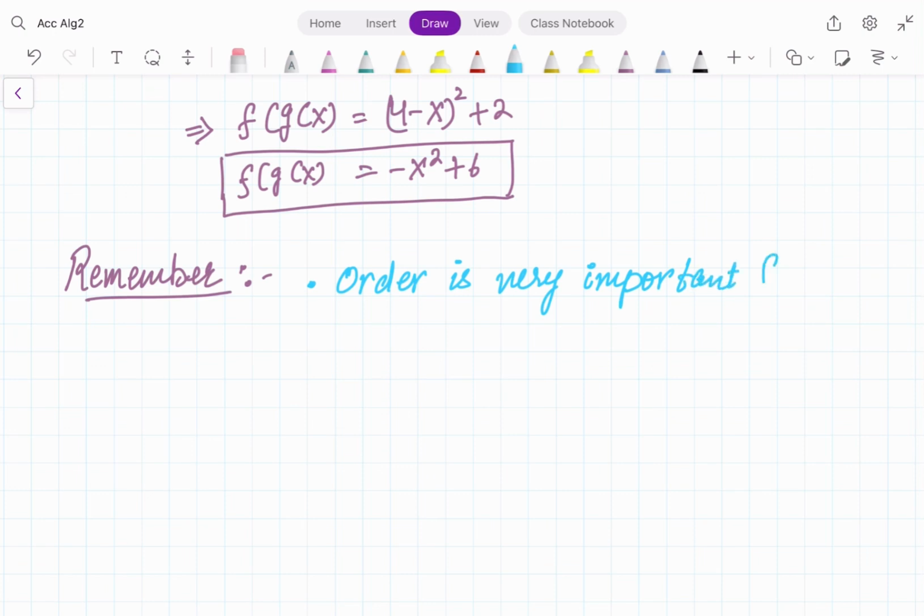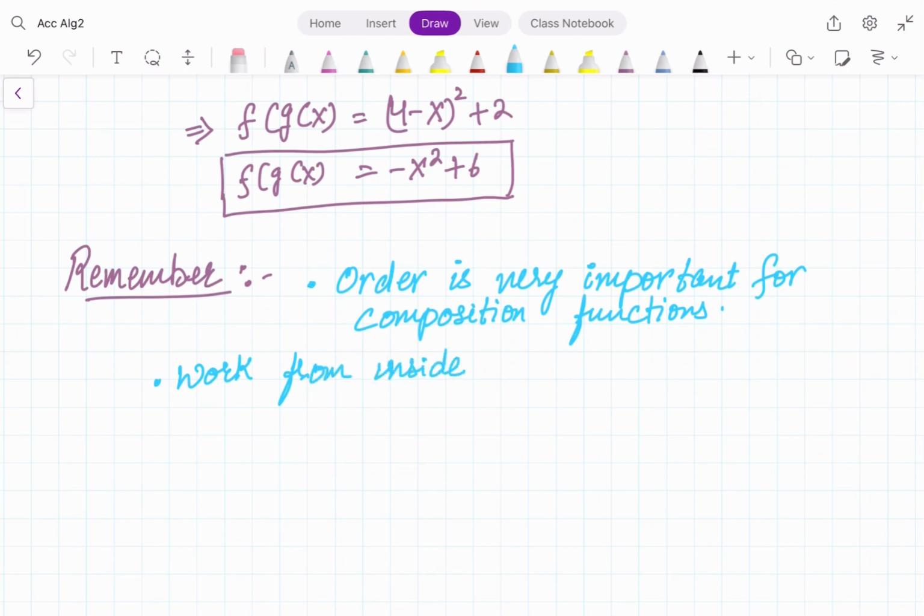In the above example, we calculated f composed with g. If you solve g composed with f, you will get a different answer. So order is very important for composition functions. And the second thing is, be careful what is the inside function and what is the outside function, because we work from inside out to solve the problem.